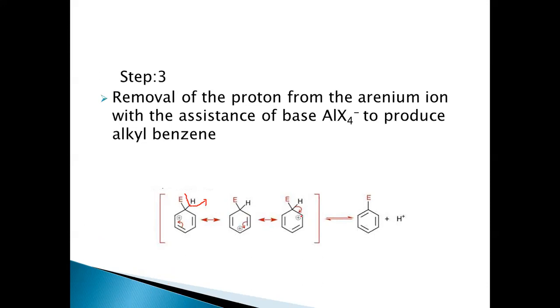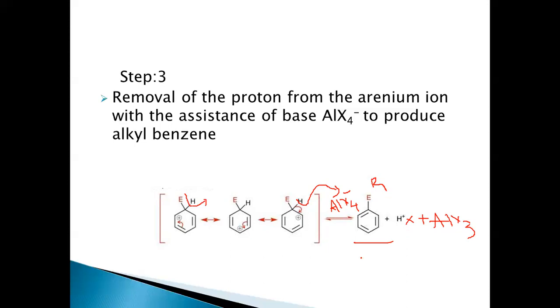This proton is removed with the assistance of a base, AlX4 minus, giving HX plus AlX3.